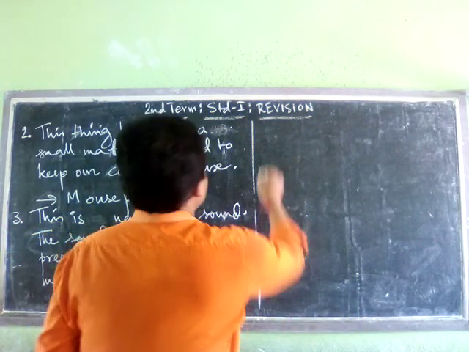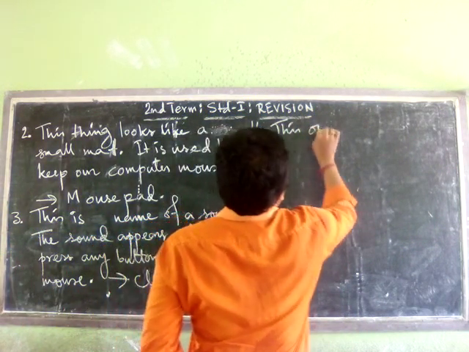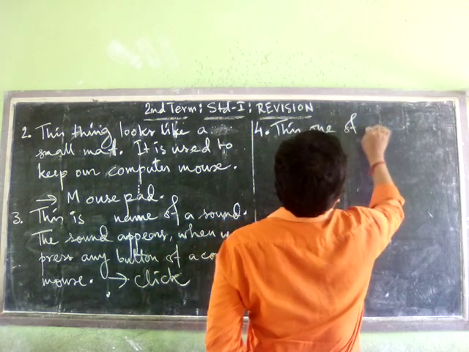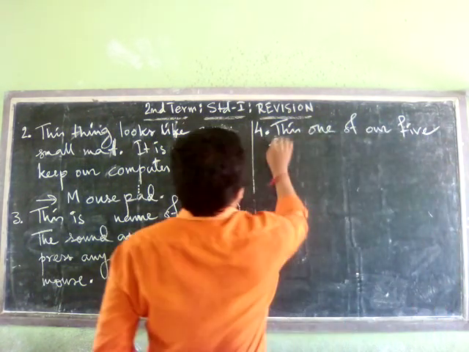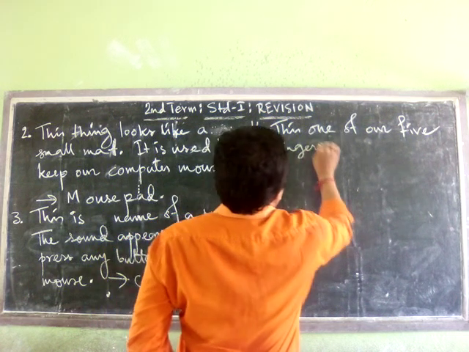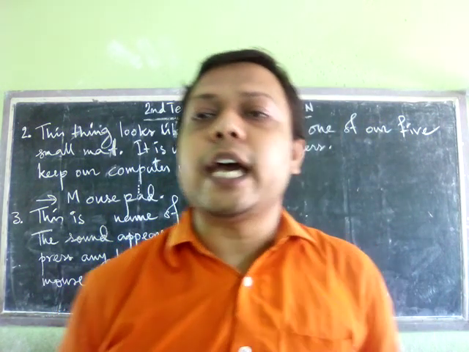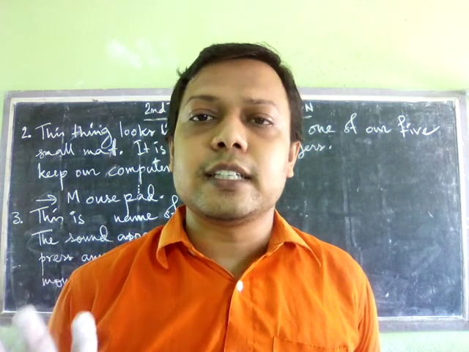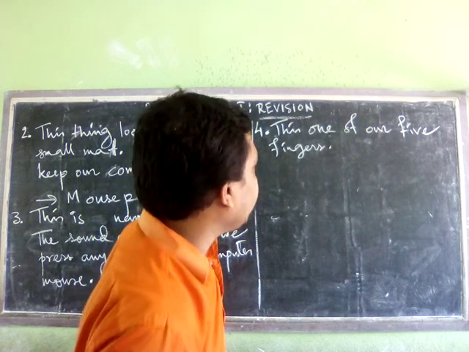Question number 4: this is one of our five fingers. How many fingers do we have in one hand? Five fingers.